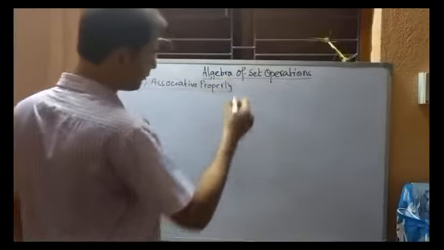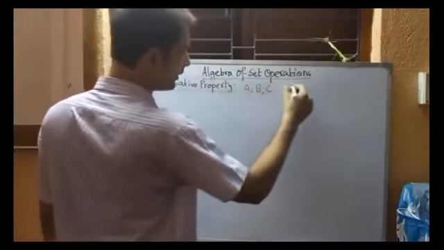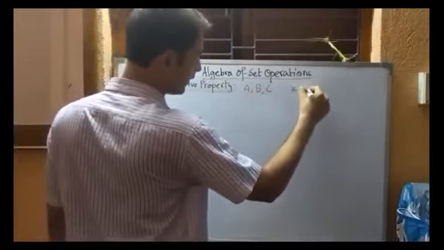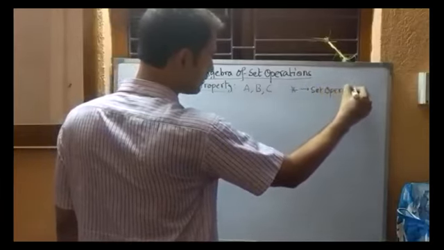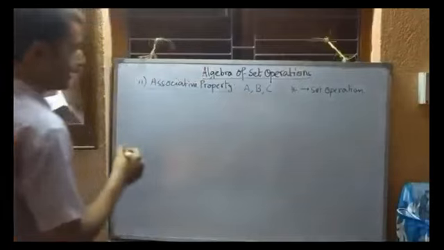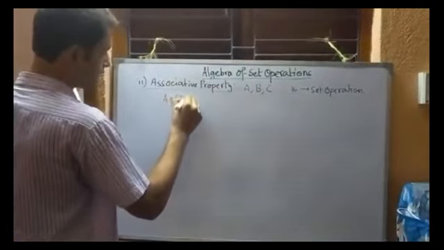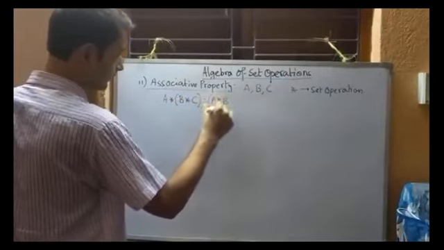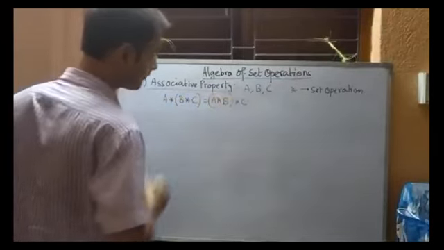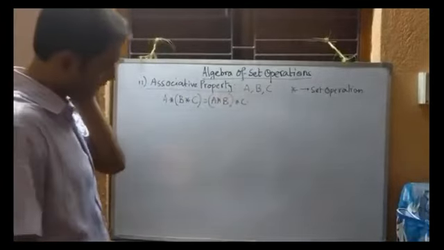For associativity we need three sets, A, B, C, and an operation star, that is a set operation. We say that star is associative if it satisfies this equality: A star (B star C) is equal to (A star B) star C.